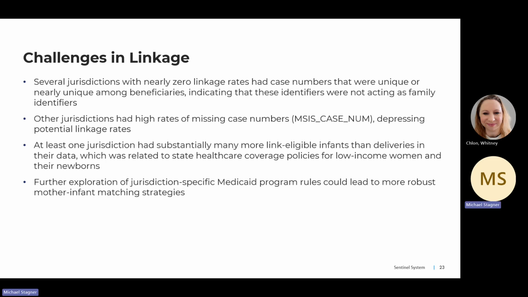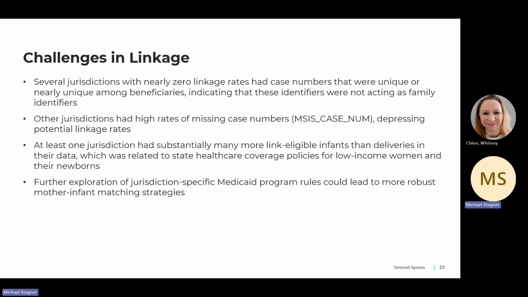Further exploration of jurisdiction-specific Medicaid program rules could lead to better matching down the road. We did have an instance where it was discovered that New Jersey did have a unique identifier, but on the end of the identifier, they added a 2-digit person identifier. So the first 10 digits of the T-MSIS case num actually acted as a family case number.